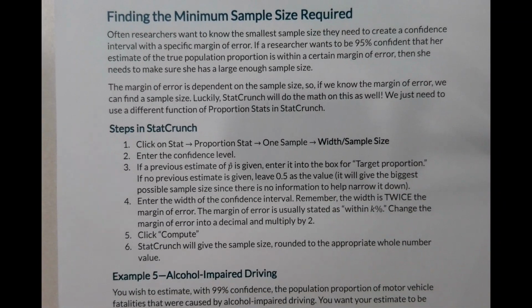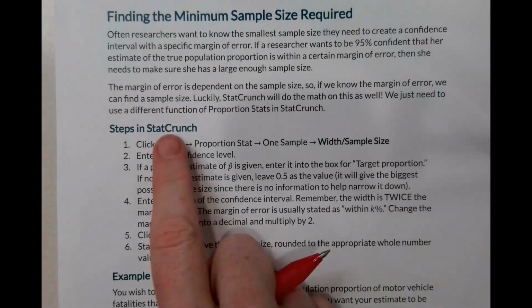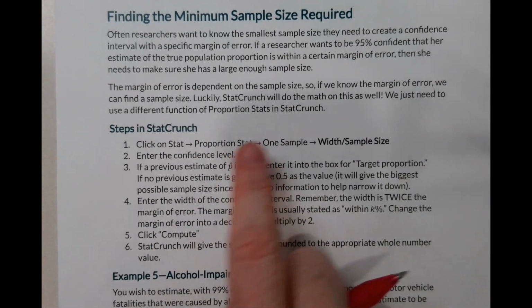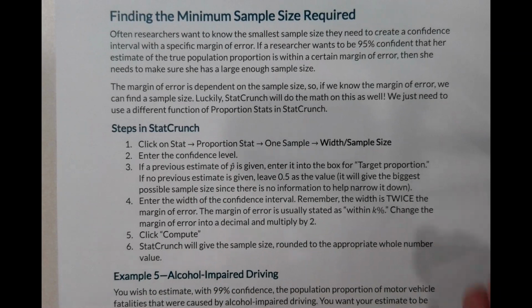It's still dealing with proportions, but we're specifically trying to identify what sample size I would need in order to be able to estimate the parameter, this population proportion, within a certain margin of error. So maybe I want to make sure that I've got the right number within just 1% in either direction. Then I can calculate what sample size I need.